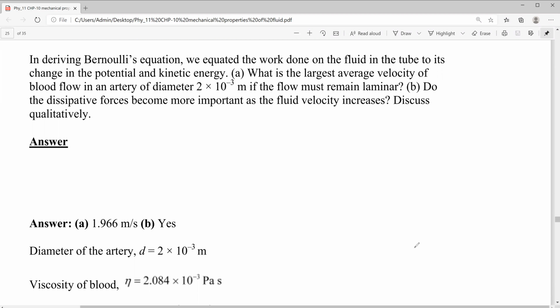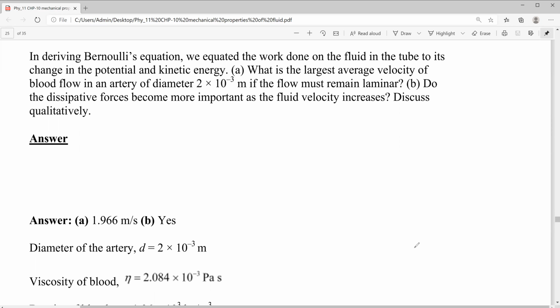What is the largest average velocity of blood flow in an artery of diameter 2 into 10 to the power of minus 3 meters if the flow remains laminar? Do the dissipative forces become more important as the fluid velocity increases? Discuss qualitatively, is what the question asks.